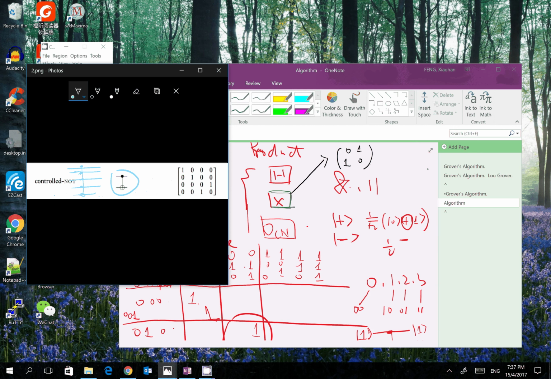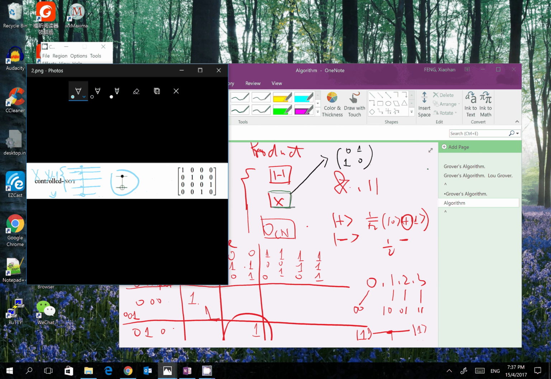This solid point here means that only if all the first n-1 inputs, which are denoted x here, are all in the 1 state, will the last state, which is denoted by y here, flip.